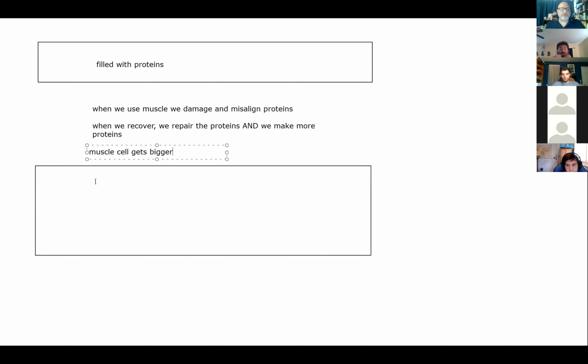It has more proteins, and with more proteins, it can produce more force, and we are stronger. This type of growth is what we call hypertrophy.